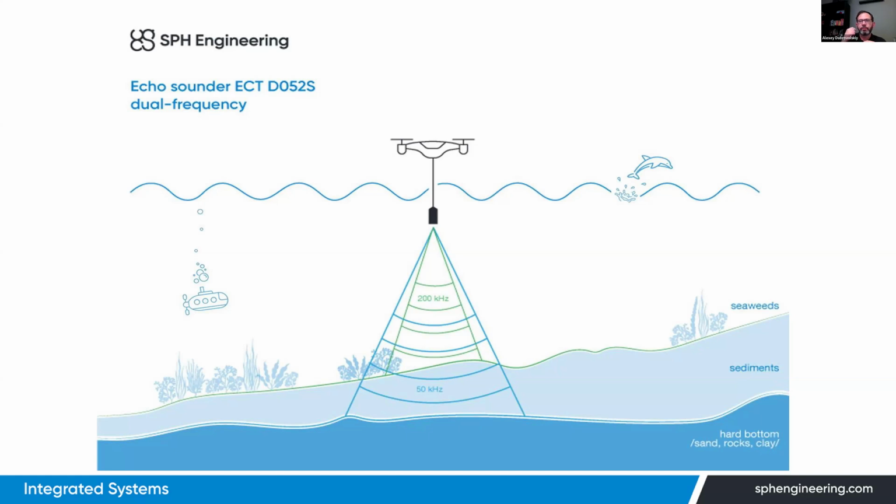You can do one survey when the pond was cleaned, you will have a baseline, and after that you can do repeatable surveys and compare the data. Hydrometric data processing software, and I think almost all data processing packages, allow you to compare data sets to calculate the difference in volume between them. But in many cases, the dual frequency echo sounder will work, providing the data for the top layer and for the hard bottom.